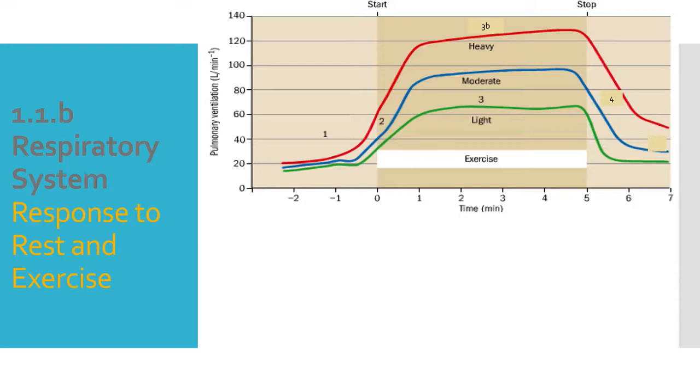If the intensity of exercise is moderate, light, submaximal, anything like that, we're going to expect to see a plateau. And then during heavy intensity exercise, we'll see a continued increase towards maximal values. And then after exercise, we still have two stages of recovery, rapid decrease and then a slower decrease.